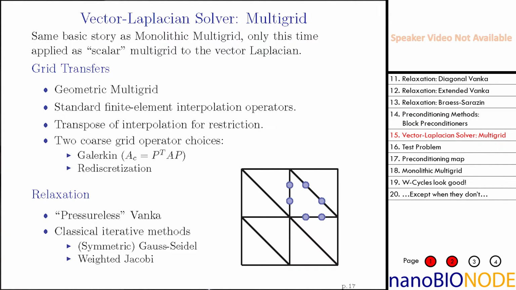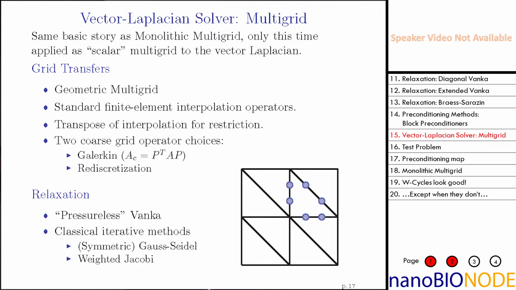So in this case, we're going to do basically the same ideas as before for multigrid. We've got geometric multigrid, finite element interpolation, R equals P transpose. And you could think about looking at Galerkin or rediscretization. For the results I'm going to show, it's all Galerkin.